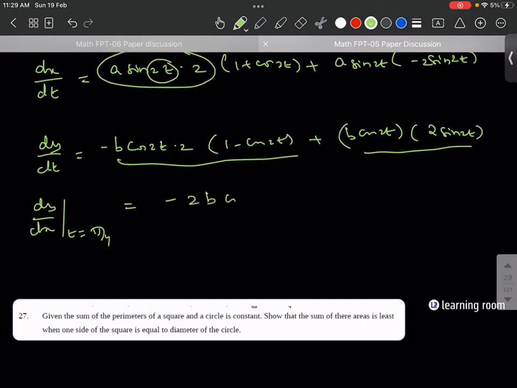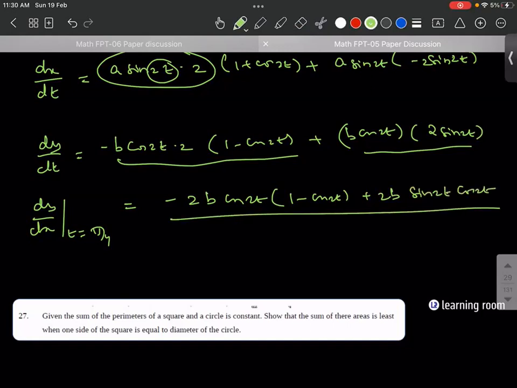So minus 2b cos 2t into 1 minus cos 2t plus 2b into sin 2t into cos 2t, the whole divided by 2a sin 2t into 1 plus cos 2t minus 2a sin square 2t.